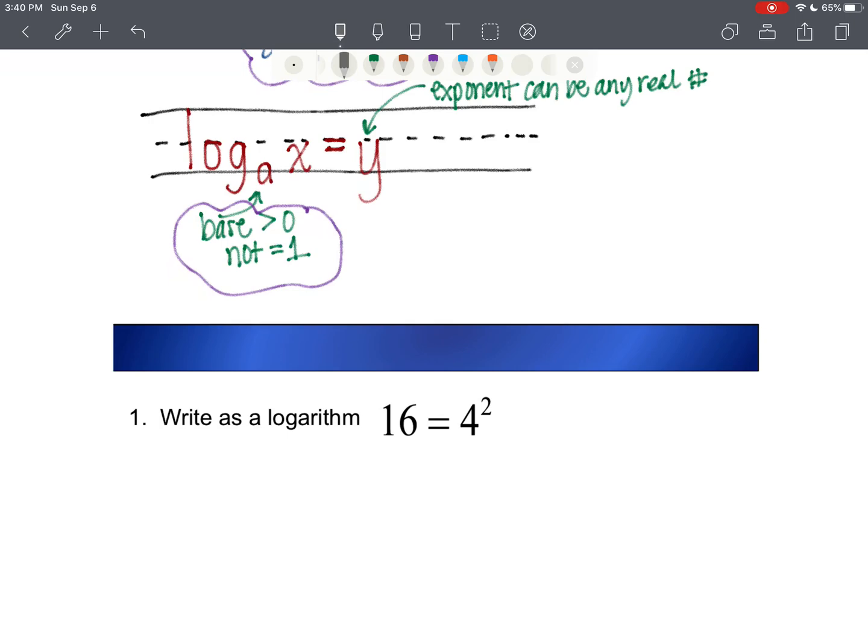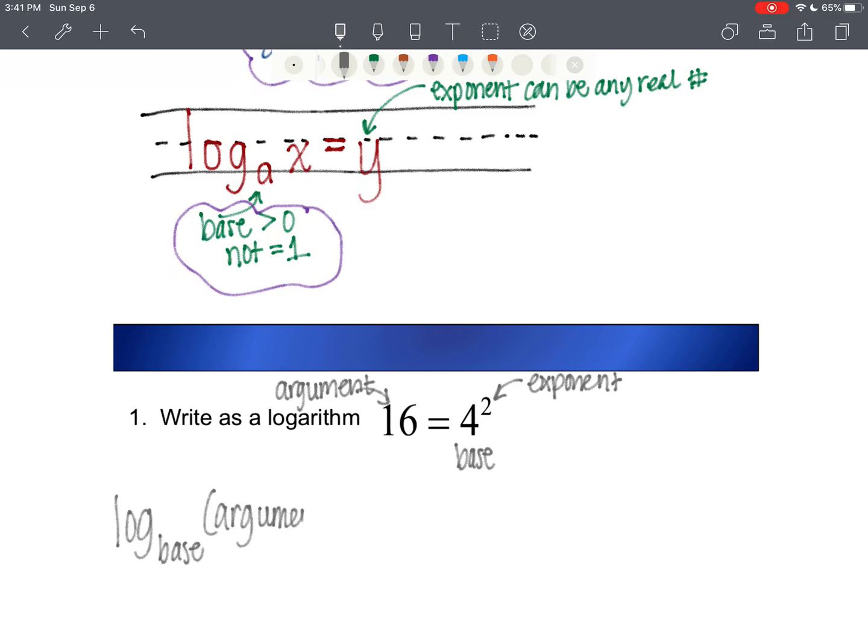We've got a base of 4. We have an exponent of 2. And then 16 is going to be the argument. And we want to write this as a logarithm. So log base, argument, equals the exponent.